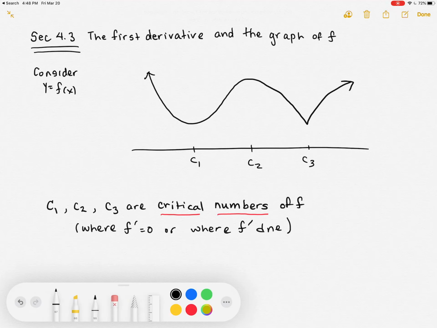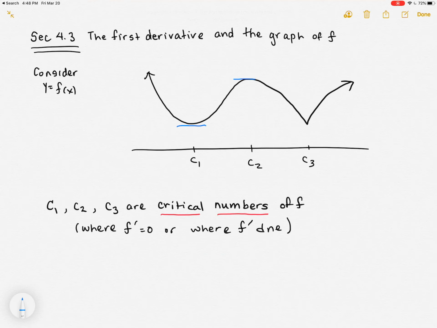At the critical numbers, the tangent line is either going to have zero slope, like here and here, and at a sharp corner we have a critical number, but we can't draw a tangent line there. The tangent line does not exist right there.